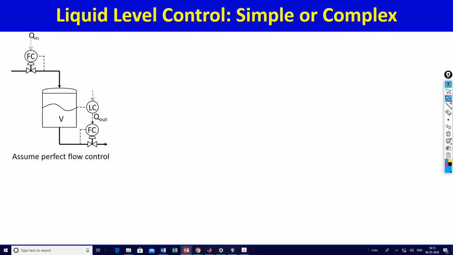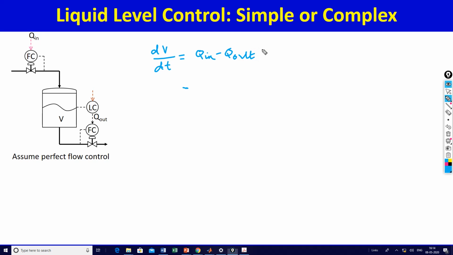So the material balances are of the form dV by dt is equal to Q in minus Q out.